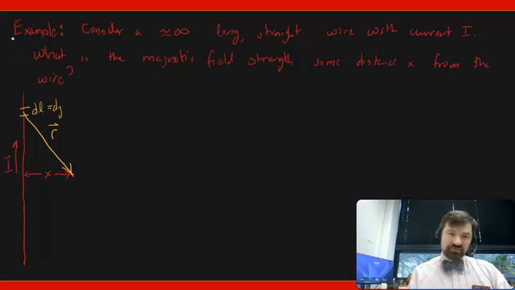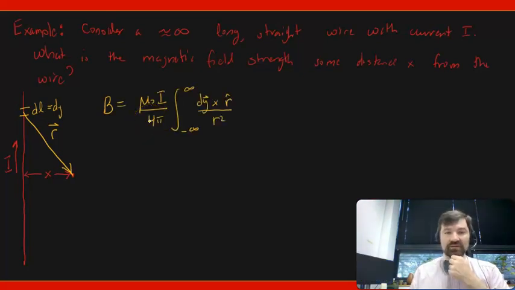Now, we might note, for example, that dl is dy, and so our integral here has become B is equal to mu naught I over 4 pi integrated from infinity to minus infinity of dy cross r over r squared. All right, fair enough.